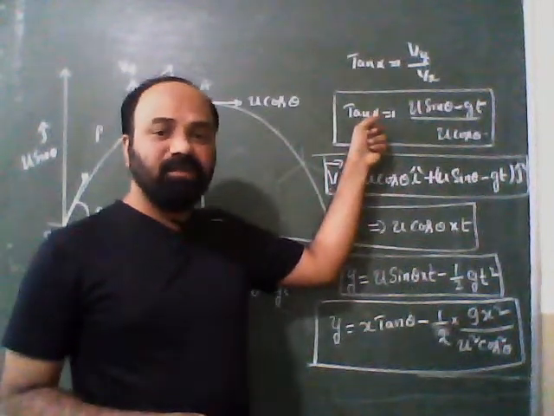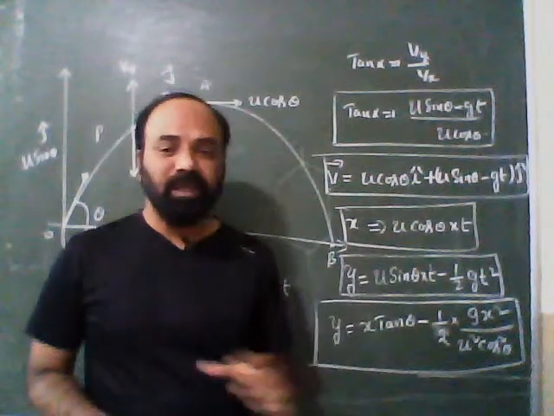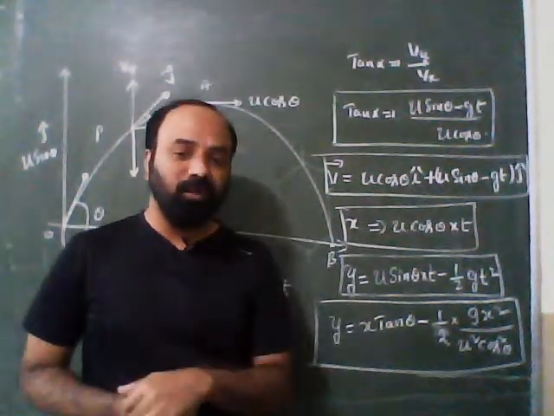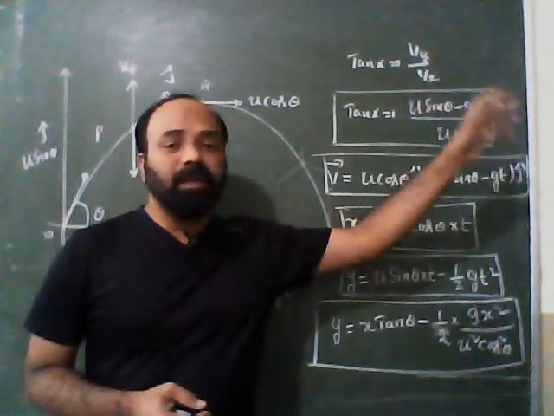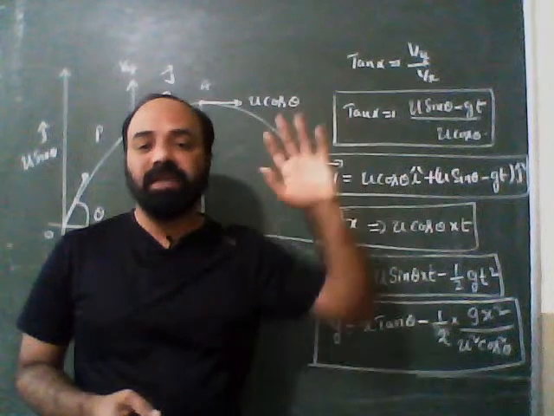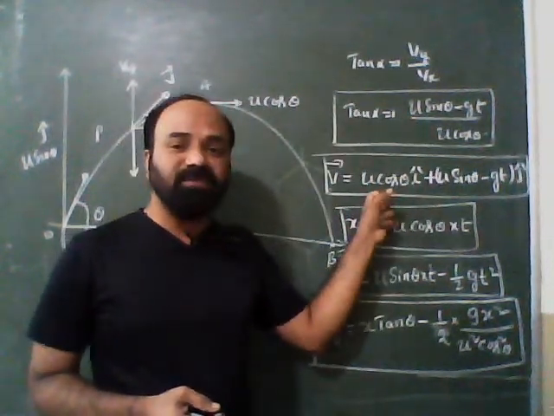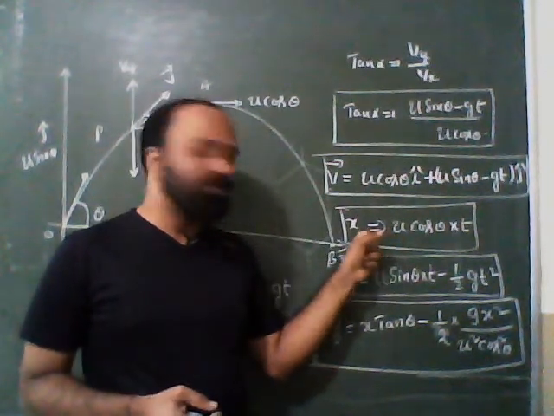This is the tan alpha formula. This formula we can use to find the angle made by the projectile when the body is ascending in the upward direction or descending in the downward direction at a particular time. If they ask for time, 1 second, 2 seconds, 3 seconds, use this formula. If they ask for velocity, this is the formula. If they ask for horizontal displacement, this is the formula.